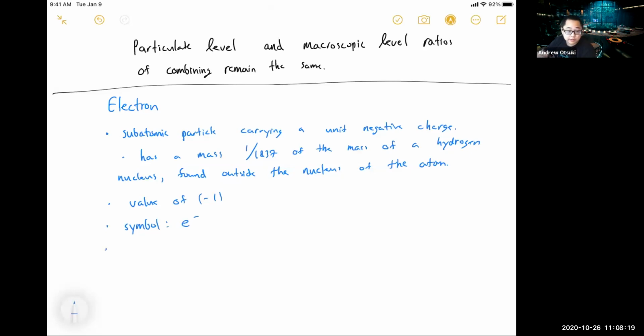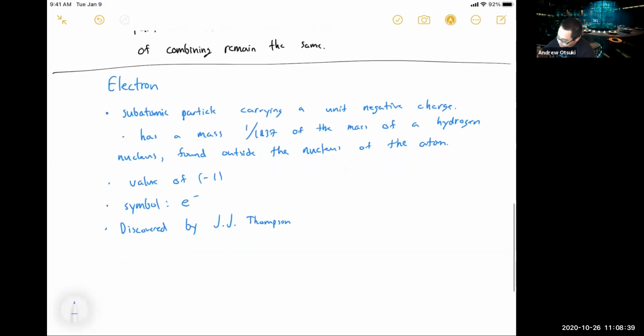So a piece of history for you: it was discovered by J.J. Thomson. He's the one who got credit for its discovery.